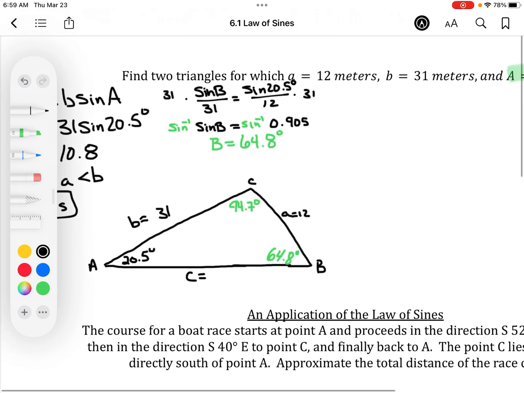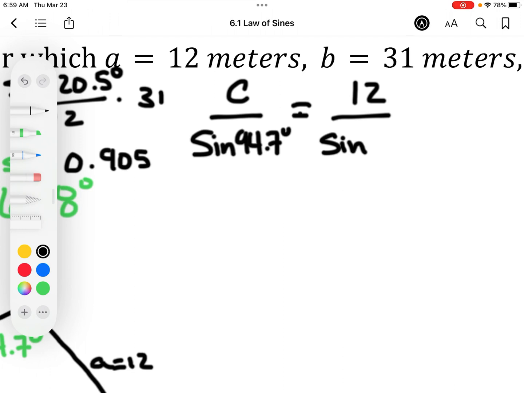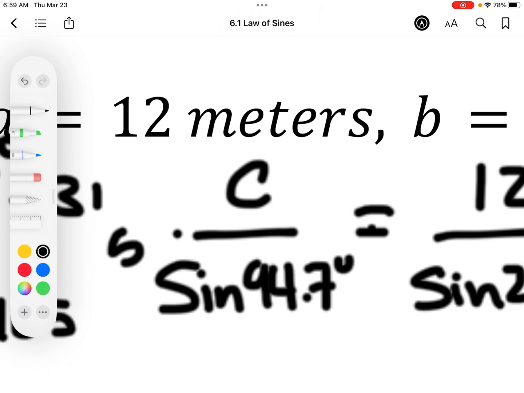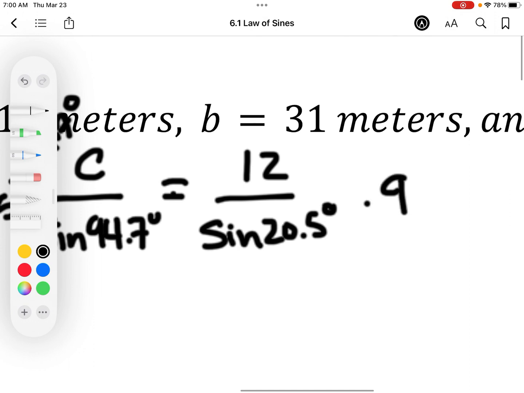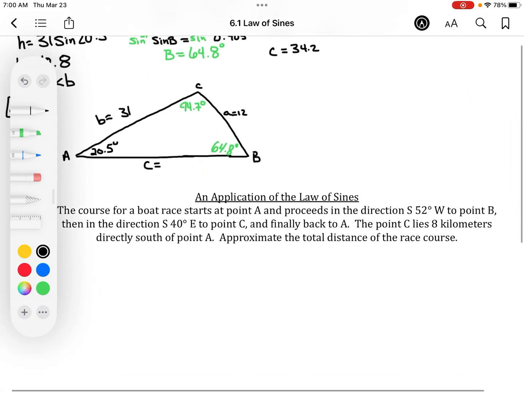And lastly, I need side length C. So to find side length C, I will say that C is to the sine of 94.7 degrees as 12 is to the sine of 20.5, using side length A and angle A. Multiply each side by the sine of 94.7. And C turns out to be 34.2.